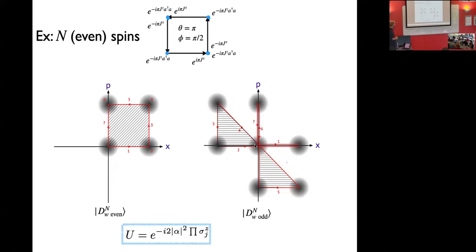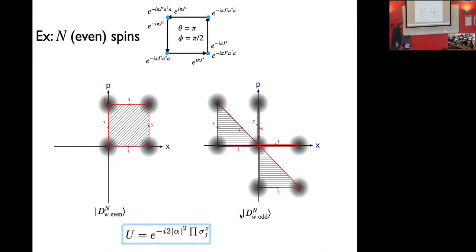Now, this is a geometric phase gate, so the action is determined by the area traversed in phase space. In the case of even Hamming weight, we get an area that we could say is positive because the trajectory has this counterclockwise sense. Whereas in the case of odd Hamming weight, you're making a trajectory with a clockwise sense to the area. So the areas have different signs for these two spaces.